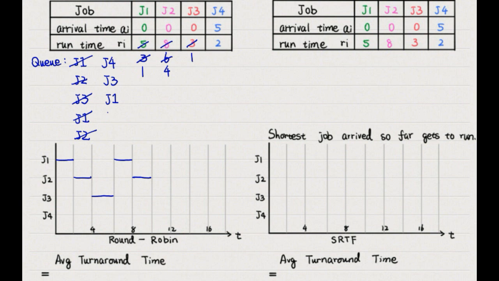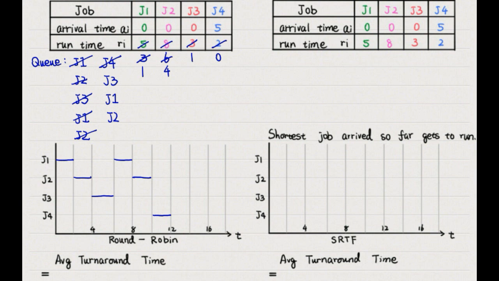And we insert J2 to the back of the queue. Now the head of queue is J4, so we run J4 for 2 seconds, and J4 completes. We don't need to insert J4 to the back of the queue.